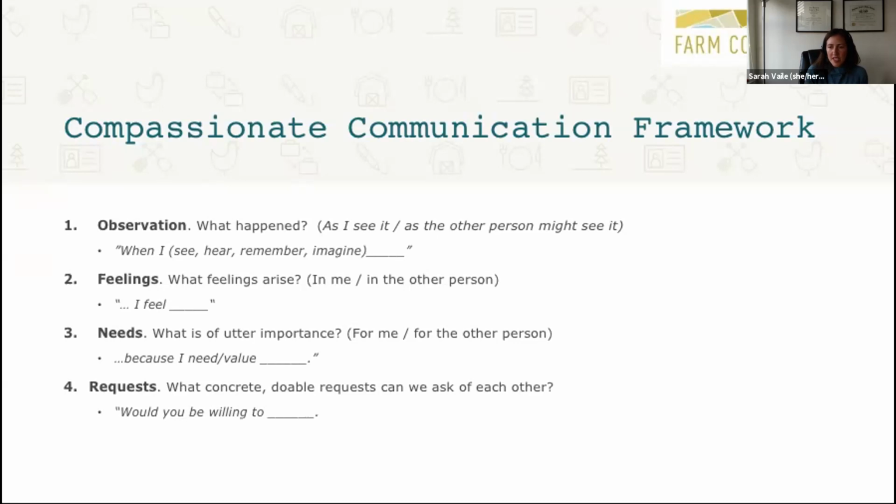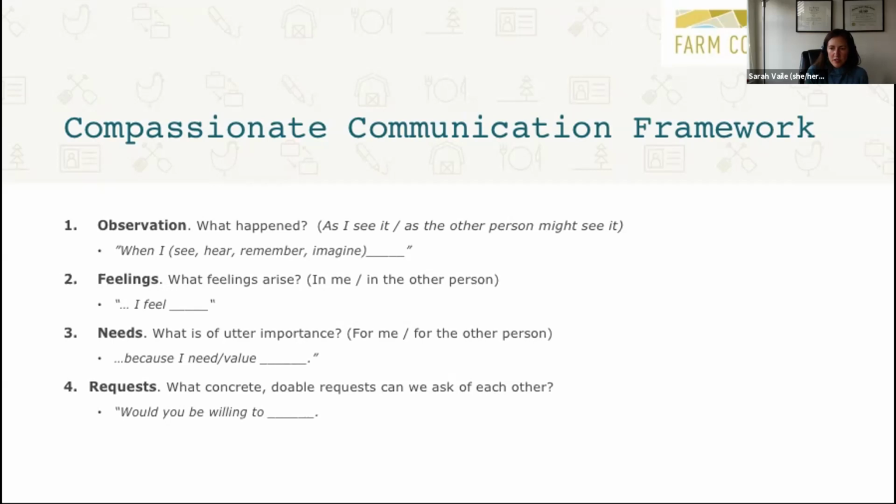And then we identify feelings that arise as a result of what happened. What am I feeling? What might the other person be feeling? Next is to recognize that every feeling is the result of an unmet need. So what are the unmet needs underlying the feelings here? What is of utter importance to each of us? What are my needs?